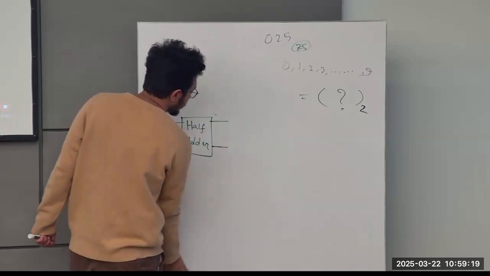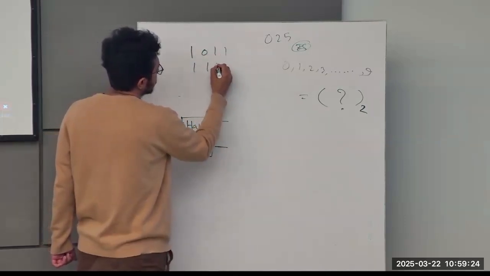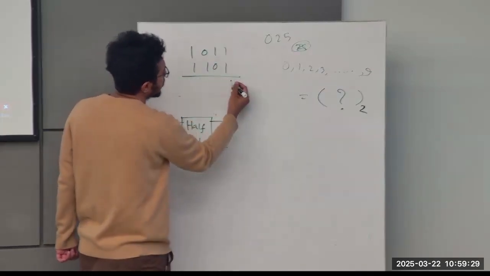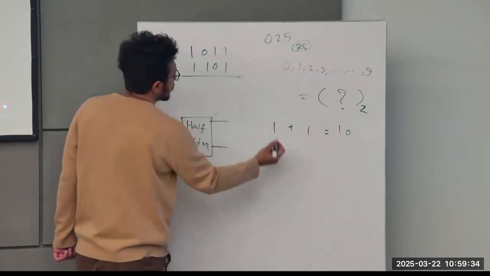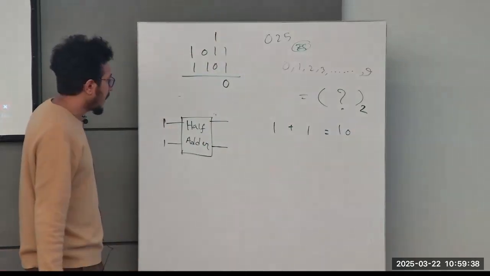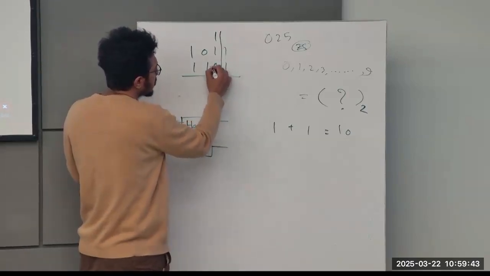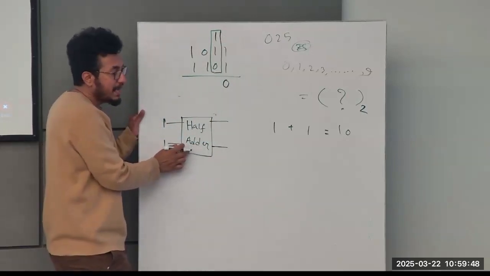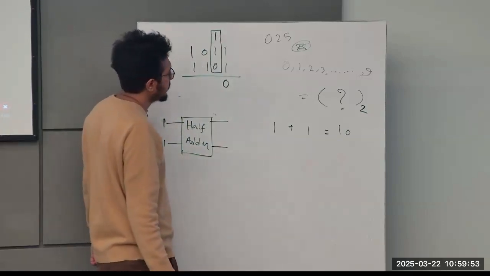So think about it. In the first bit, we are adding 1 and 1. If I add 1 and 1, what do we have? 1 0. So we will put the 0 here, and the 1 will be moved to the next section. Now, if I want to build a block, will this block be able to add the next binary bits?